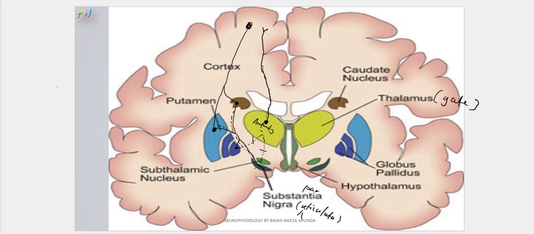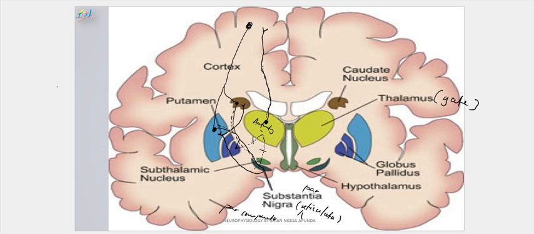So let's remember this, the pars compacta. They are likely to send some dopaminergic neurons to innervate the striatum, innervating at the putamen level and also the caudate level.